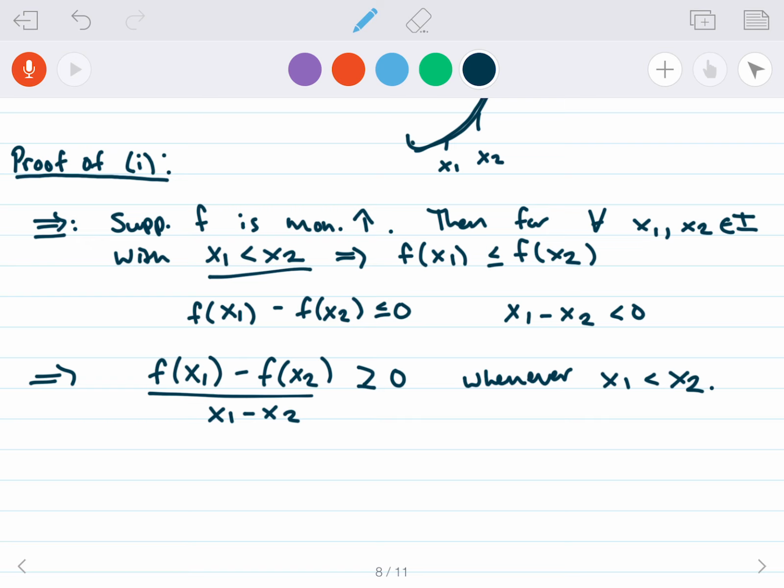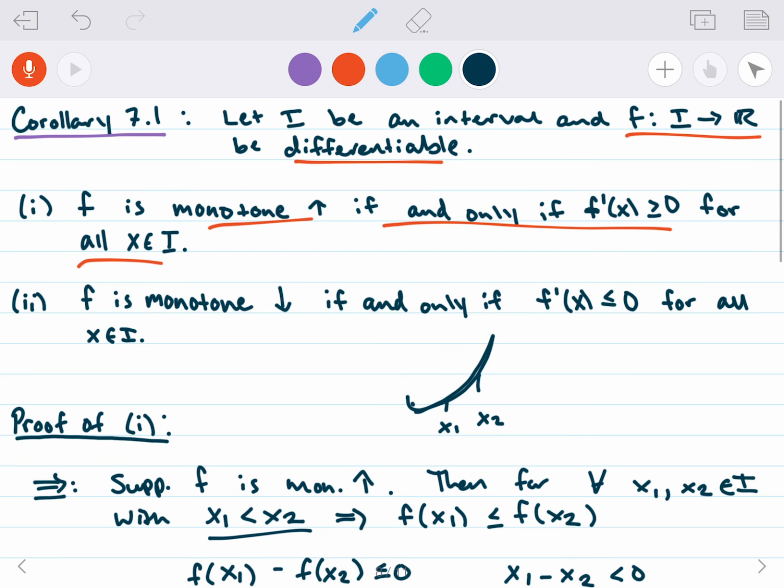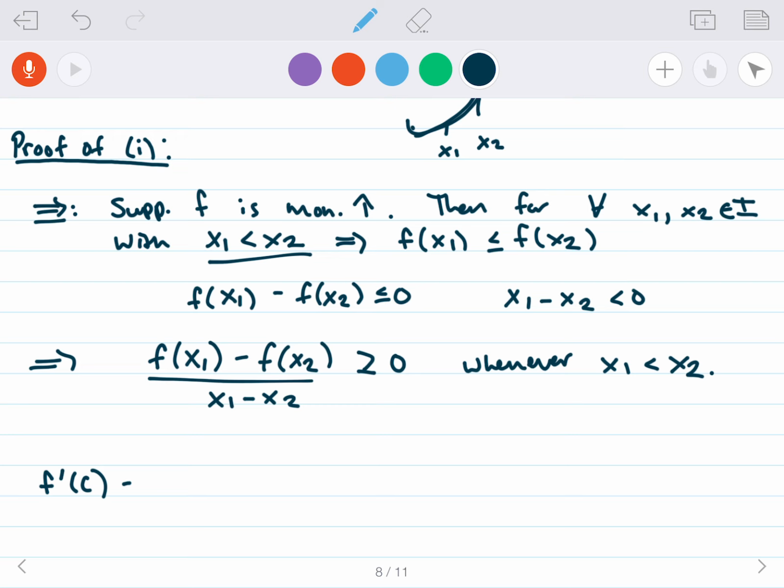And so if it's differentiable at c in our interval, we have that f prime of c is going to equal the limit as x goes to c of f of x minus f of c over x minus c.